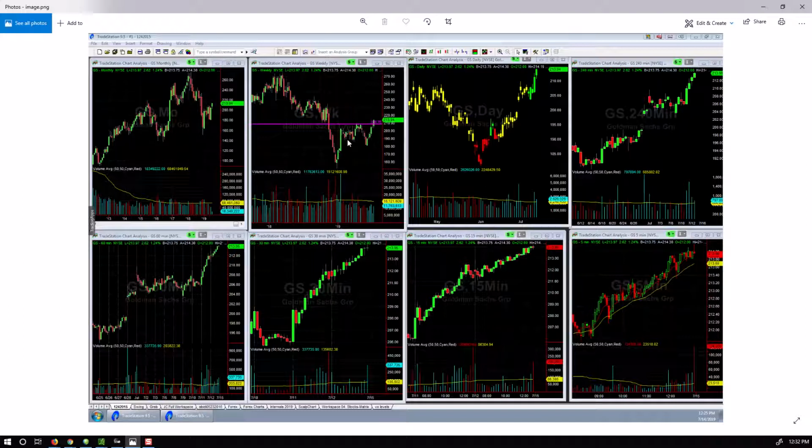If I had gotten on this, on a break of this supply here, for the target of this pivot right here, my stop is going to be right here. This is a very good high probability, low risk, high reward trade.